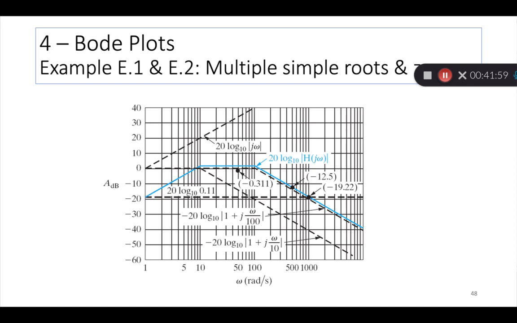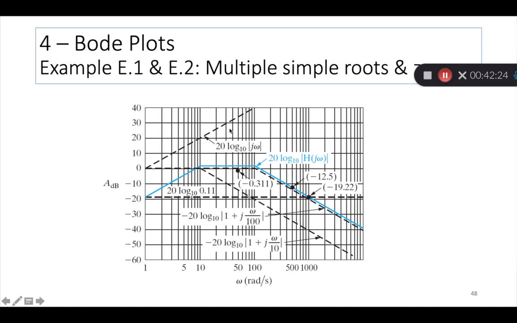So depending on which one you like, you can use either method. In the textbook solution, as you can see, I'm on slide 48, I apologize for skipping ahead, but I want to make the distinction. The blue shaded line is the final answer, and that final answer is the sum of individual plots.